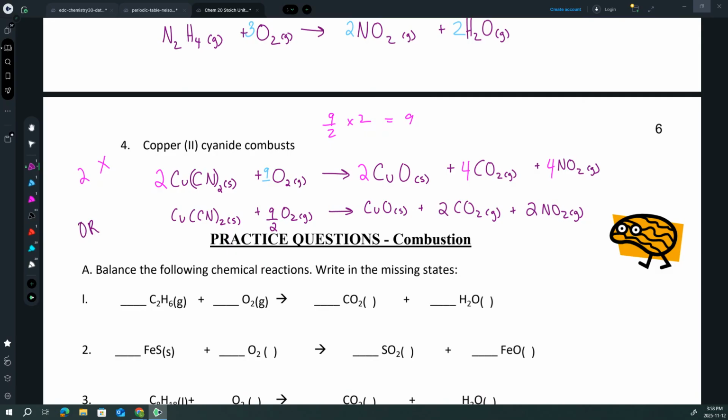So that's the trick. You can choose either fractions or no fractions. Just remember to apply the tricks like multiplying everything by 2, or knowing that combustion reactions are the only type of reactions where you are allowed a fraction for a coefficient.